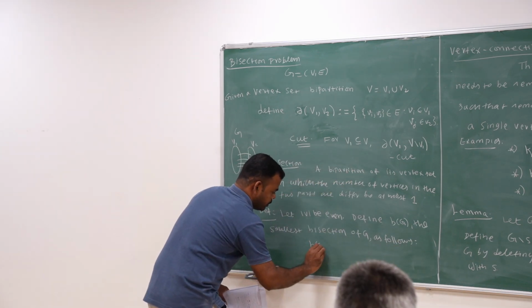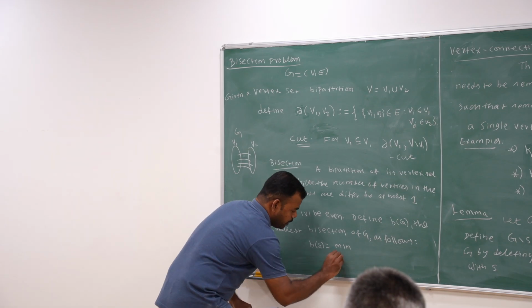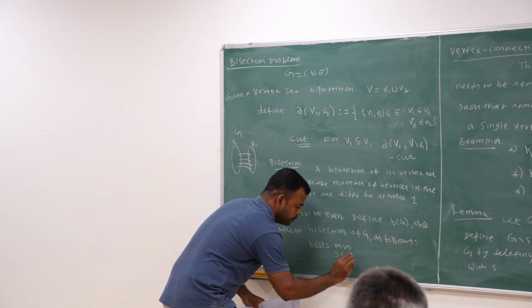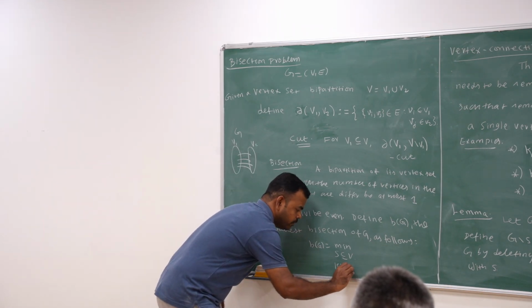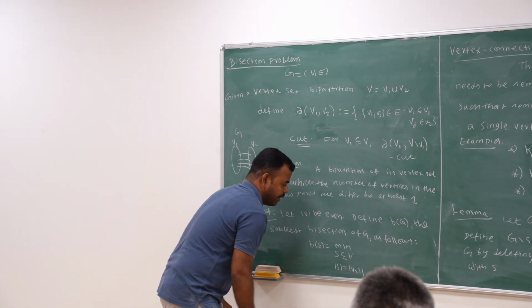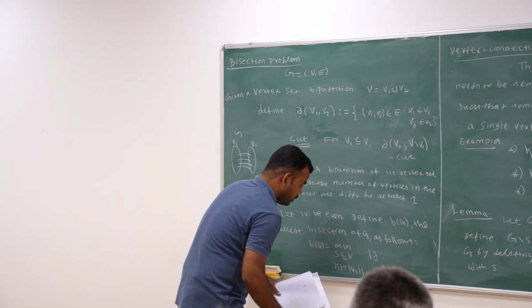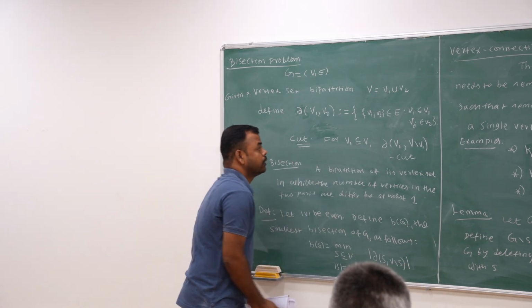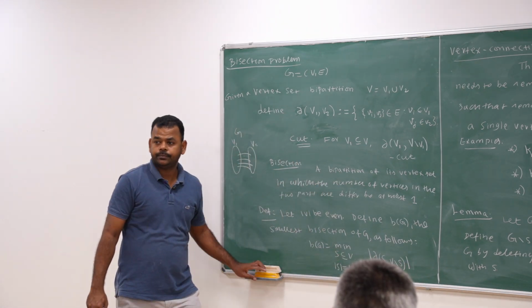B of G is equal to the minimum over all subsets S of V with cardinality of S equal to cardinality of V minus S, to minimize the number of edges between the set S and its complement.